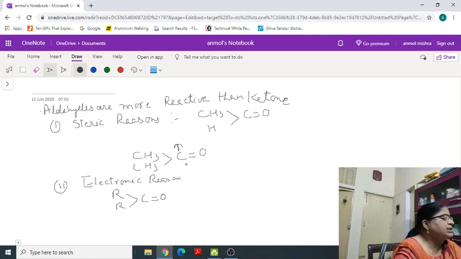Now we'll study some important examples of nucleophilic addition and nucleophilic addition elimination reaction.